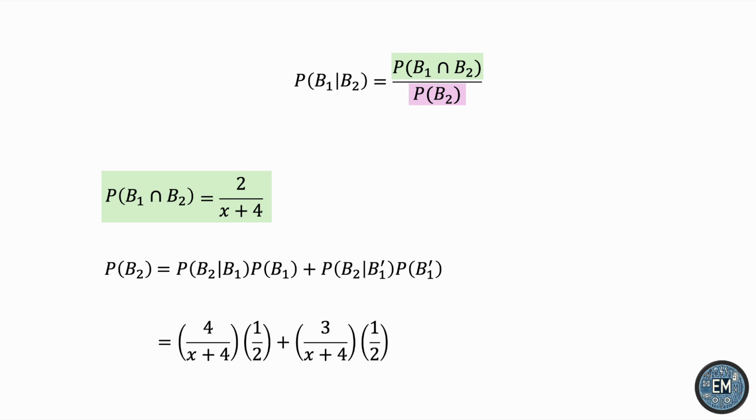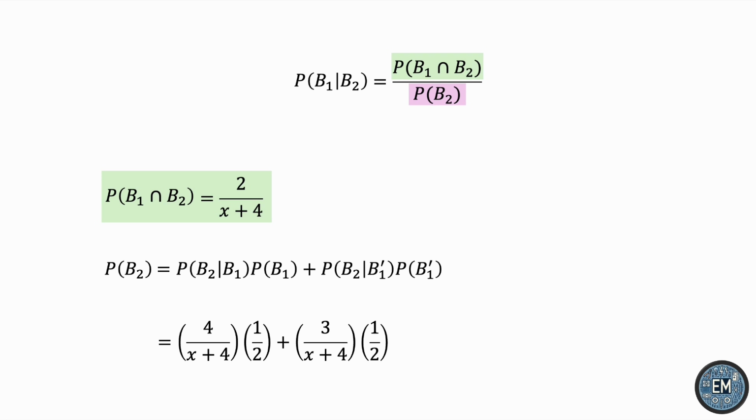The second product is B2 given B1 complement times the probability of B1 complement. B1 complement is the probability that the child born on day 1 was a girl. So in that case, the product would be 3 over X plus 4, because the total number of boys would be 3, but the total number of girls would now be X plus 1.